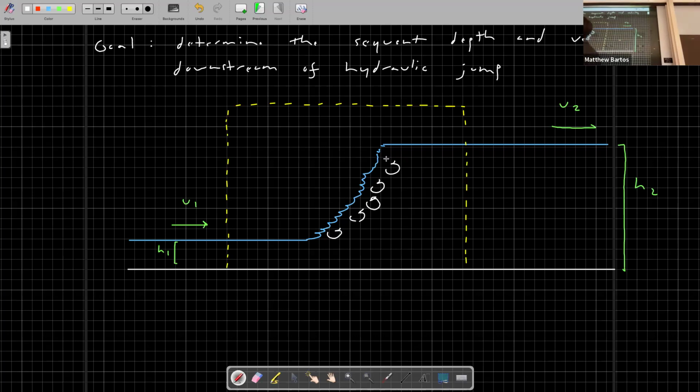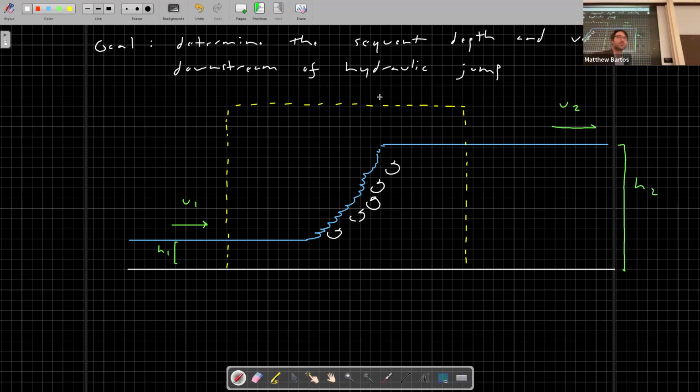So typically we won't know how much energy is lost in the hydraulic jump until we know what the velocity and depth are on the upstream and downstream ends. So we actually can't use the energy equation to compute the sequent depth and velocity in a hydraulic jump. This is one of the few times in this class where the energy equation is not going to help us, at least not directly.